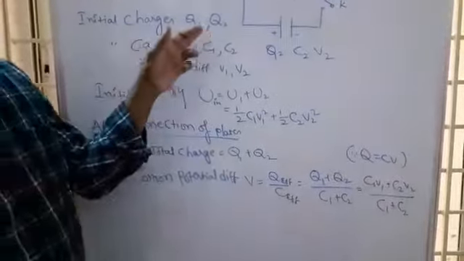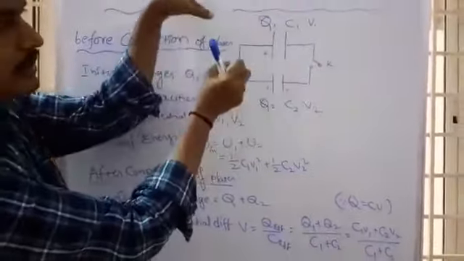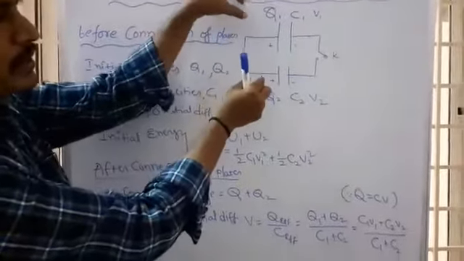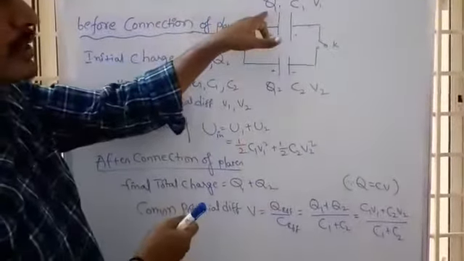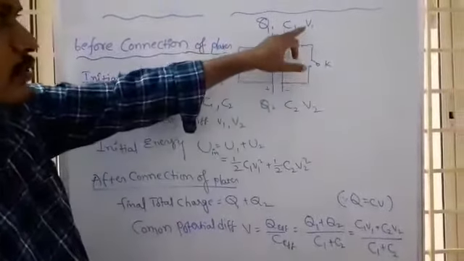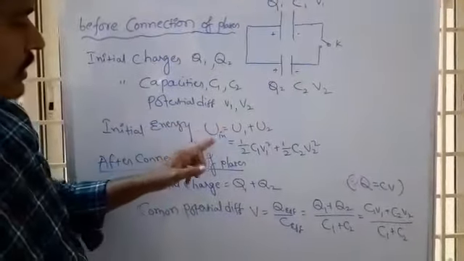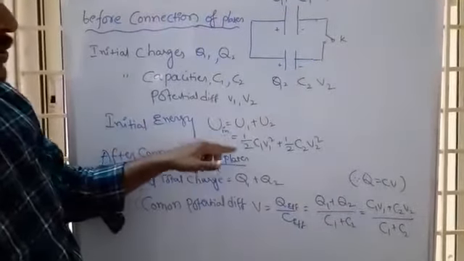So before connection, the charges are separately distributed on these capacitor plates. Individual charges are Q1, Q2, individual capacities C1, C2, individual potential differences V1, V2, and individual energies, giving the initial total energy formula.